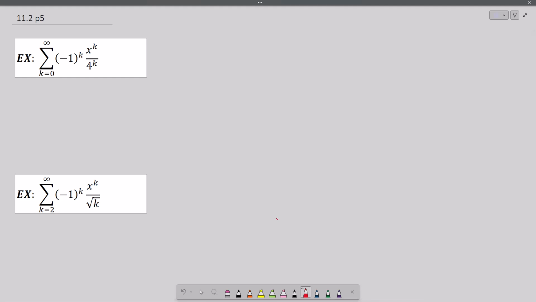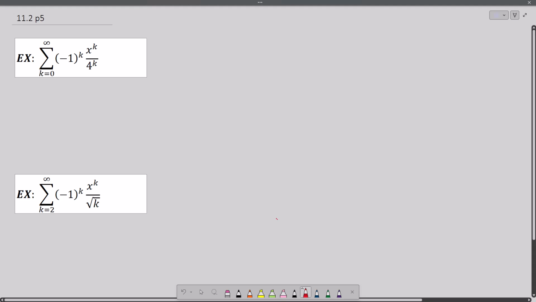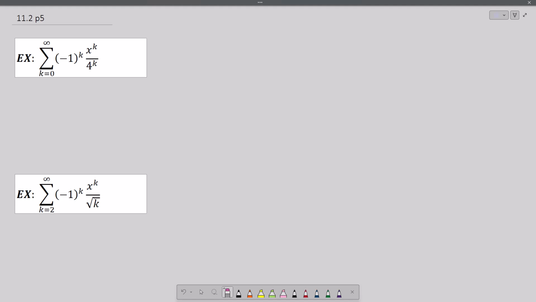When we say infinite series, we usually mean of numbers. If we want to indicate that it's actually a power series, or it's got an x in it, we say power series instead of just infinite series. So a power series has an x in it. And we want to analyze that.